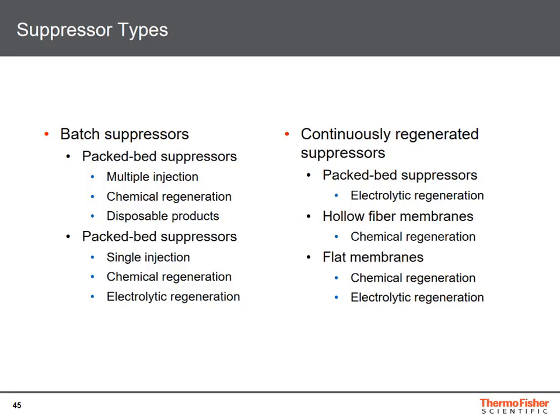On the other hand, we are differentiating between continuously regenerated suppressors, and they can be as well packed bed suppressor types or membrane-based systems, either hollow fiber membranes or flat membranes. Both of these suppressor types can also be regenerated chemically or electrolytically.